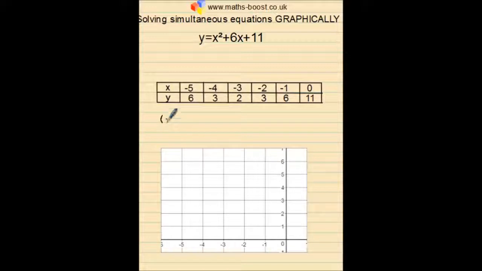So here I can see that the coordinate this represents is -5, 6, and so I'll plot this, and so on. And using my knowledge of what a quadratic looks like, I'll plot the curve. And we're done.